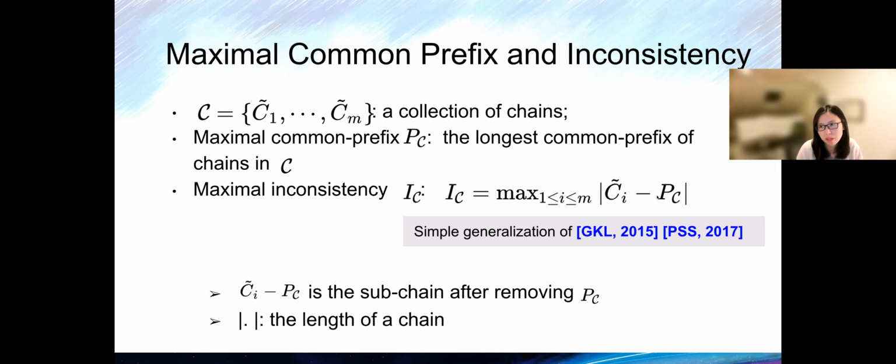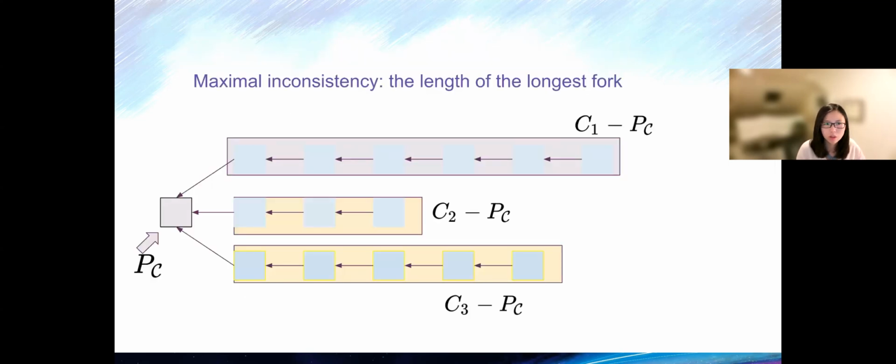Here, C_i' minus PC is the subchain obtained by taking the common prefix out, and the absolute value denotes the length of the chain. Here the maximum returns the maximum fork length.